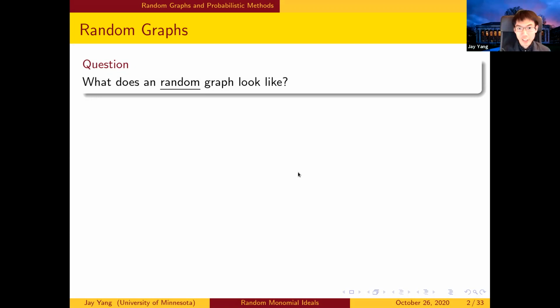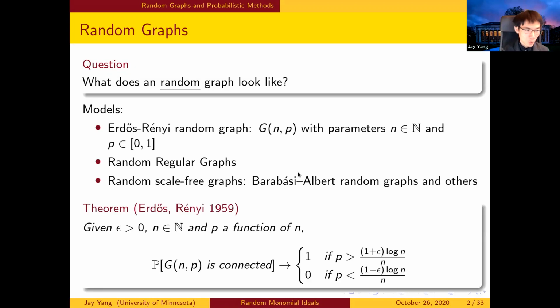It depends on context. So a couple, sort of three, common types of random graphs. There's the Erdos-Renyi random graph, which is the one that I'll be concerned with mostly, and probably the one that you think of if you think of a random graph, where you take n vertices and take each edge with some probability p. You can, of course, then also talk about random regular graphs or random scale-free graphs.